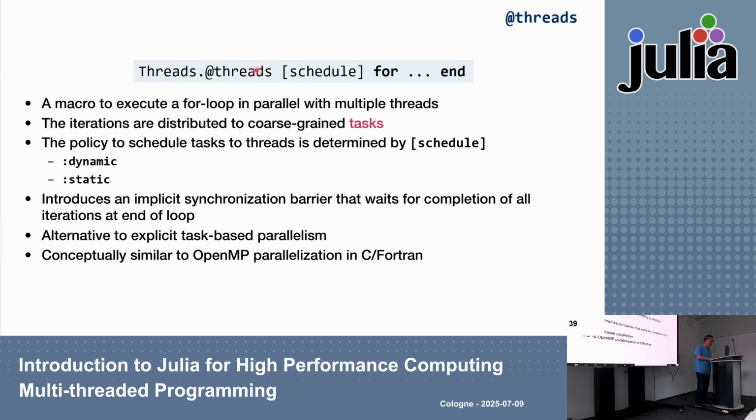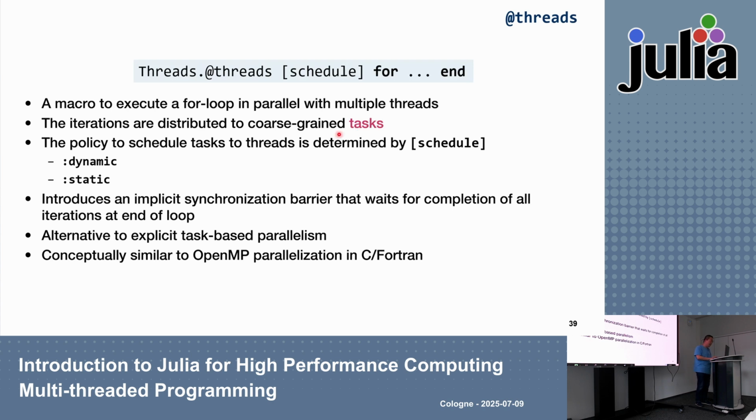So in terms of Julia syntax, just put @threads in front of this for loop. And then it is the responsibility of the Julia compiler to reduce this high-level multi-threaded programming to the real task-based multi-threaded programming.